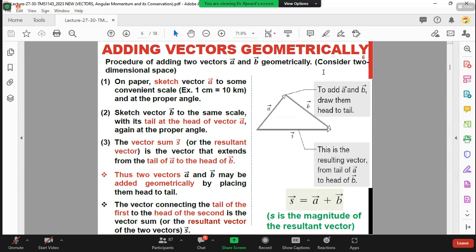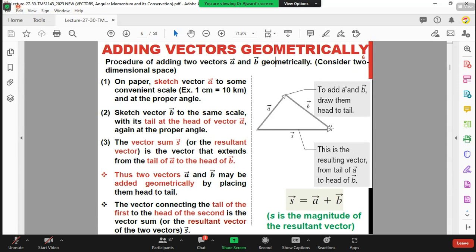Here we will first consider two-dimensional space. So this is the vector A, the first vector, and there's another vector B. We want to add them.